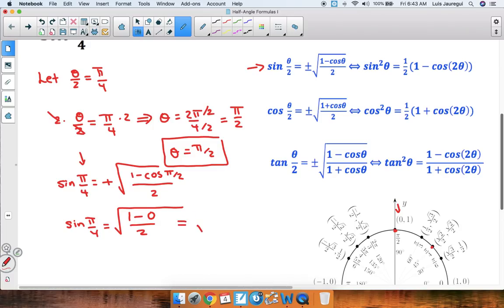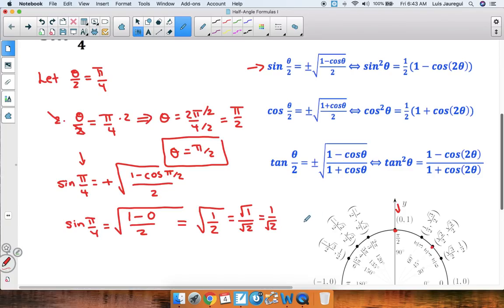Now this is simply the square root of 1 over 2 because 1 minus 0 is 1. Using the properties of radicals, this can be rewritten as the square root of 1 over the square root of 2. The square root of 1 is 1, and the square root of 2 is irrational, so we leave it like that for now. However, since the square root of 2 is in the denominator, we need to rationalize the denominator.